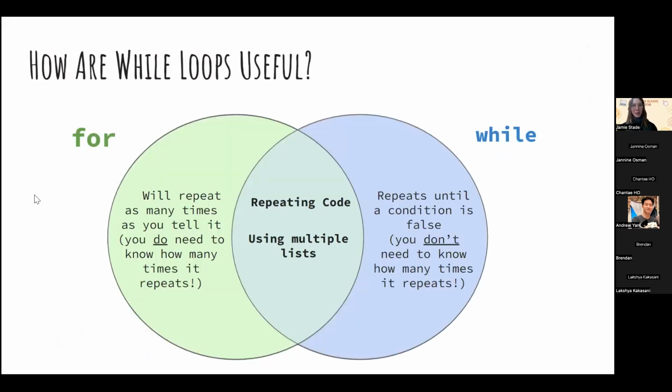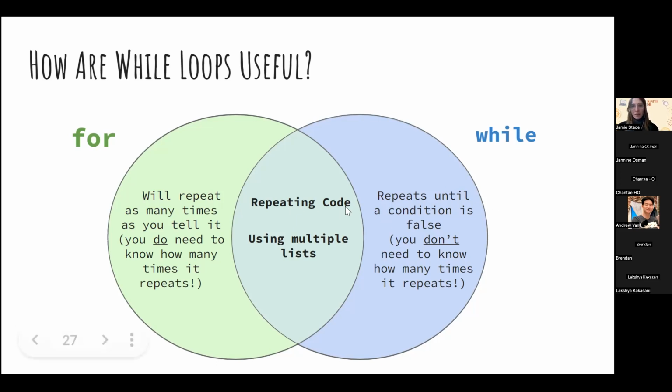So there are some places where for loops are useful and some places where while loops are useful. They're both useful for repeating code, but for loops are mostly used to repeat as many times as you tell them to. So this is good for iterating over a list.